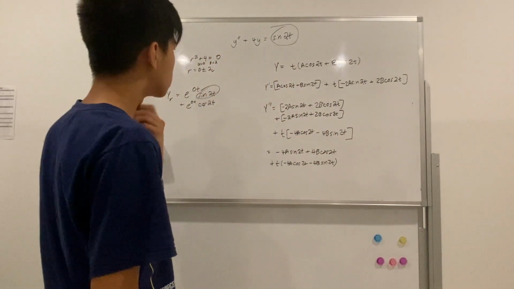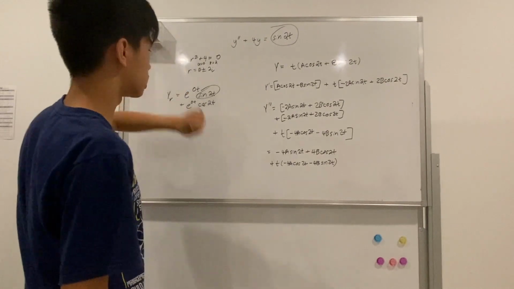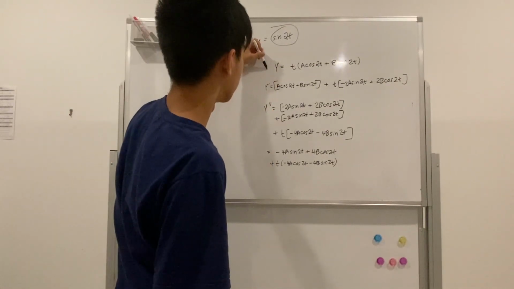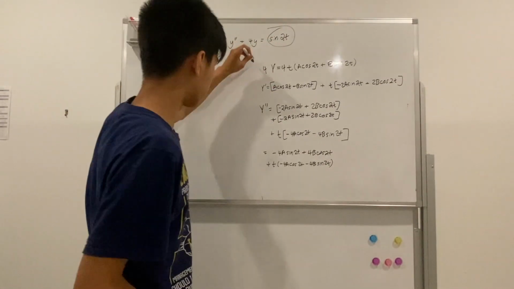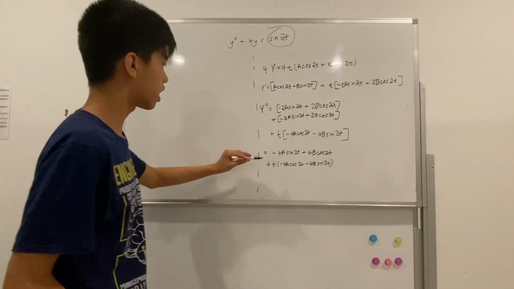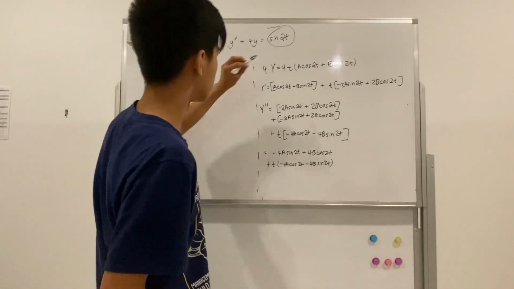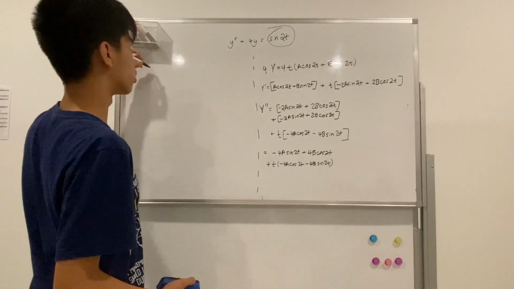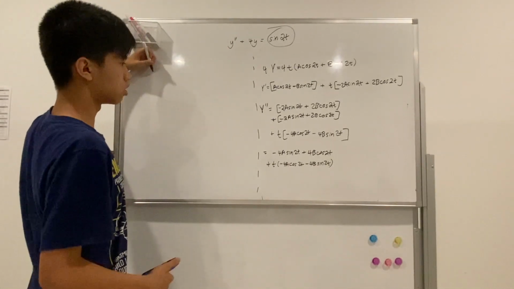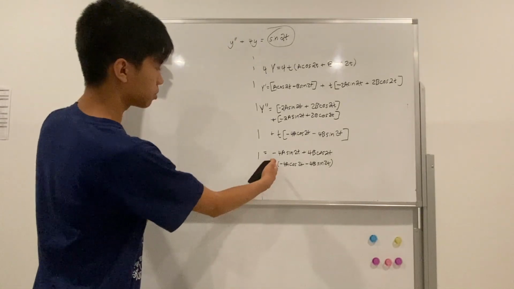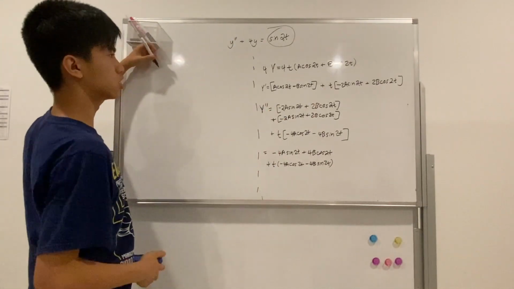So let's just add this and 4 times that up. All right, we have this y double prime term to add to this 4y term. So let's go. Let's add up the t trig function first.